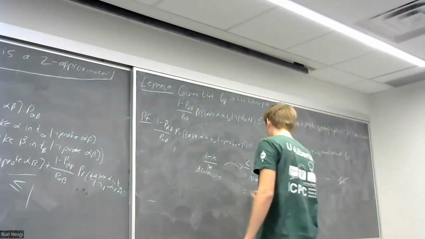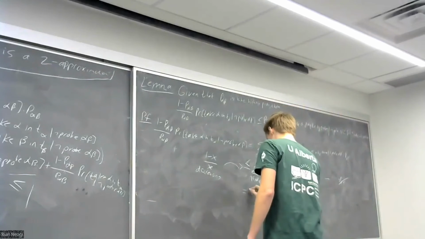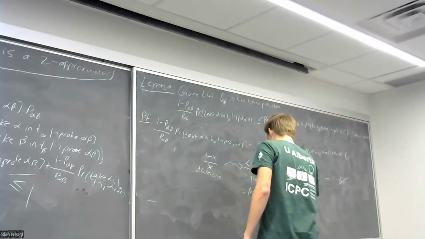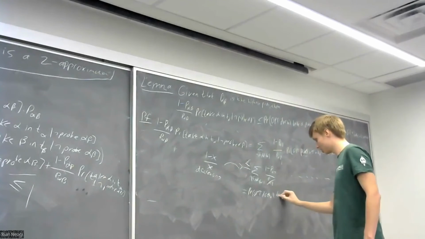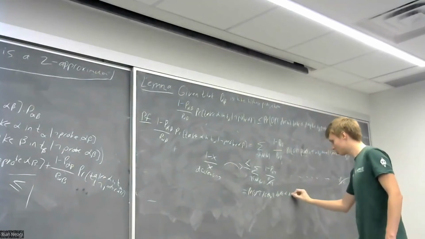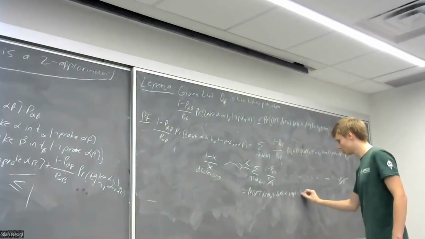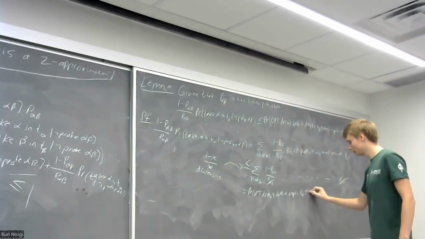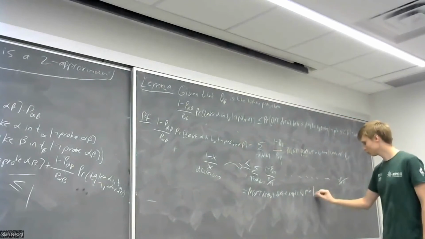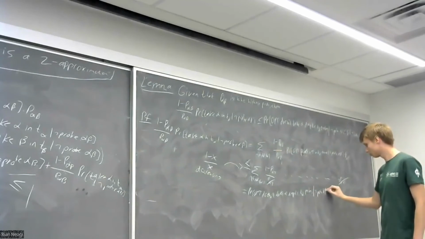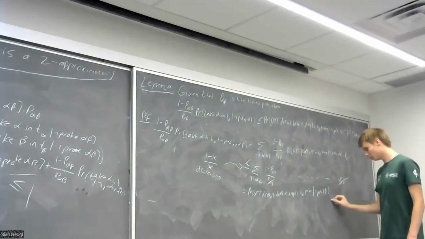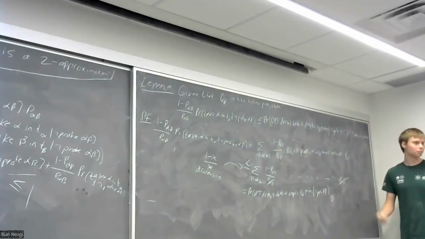This is exactly equal to the probability that opt doesn't take alpha despite T alpha probes, even if we don't probe alpha beta. And we're done.